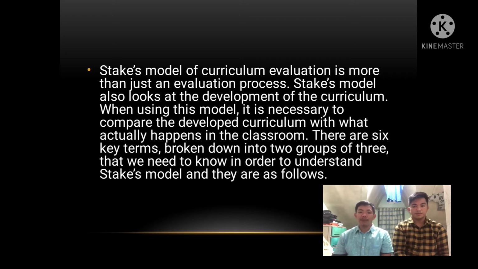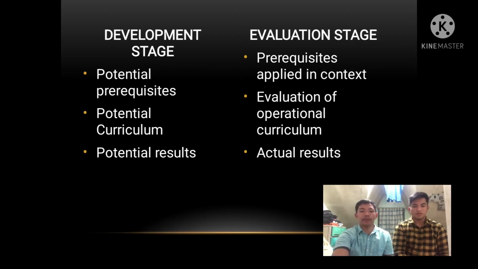There are 6 key terms broken down into 2 groups of 3 that you need to know in order to understand Stake's model, and they are as follows. Development stage: potential prerequisites, potential curriculum, potential results. Evaluation stage: prerequisites applied in context, evaluation of operational curriculum, and actual results.